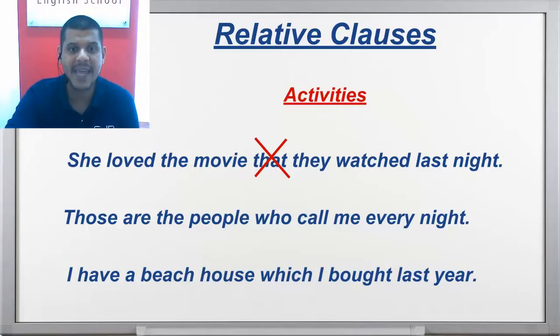So in this case, it's impossible to remove the relative pronoun who, okay? Those are the people who call me every night. If I remove it, it is incorrect. I can't say, those are the people call me every night. You see, it's impossible. In this situation, it's an obligation to use who, the relative pronoun.